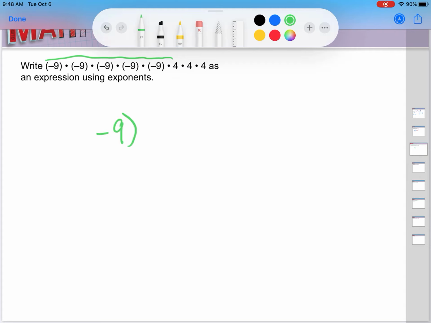So we have negative 9, and it's going to be raised to an exponent. Which exponent? 1, 2, 3, 4, 5. So it's raised to the 5th power because there's 5 negative 9's being multiplied together. Now our second base, once again, we have 4. So we have 4 to the 1, 2, 3, so to the 3rd power, or 4 cubed.